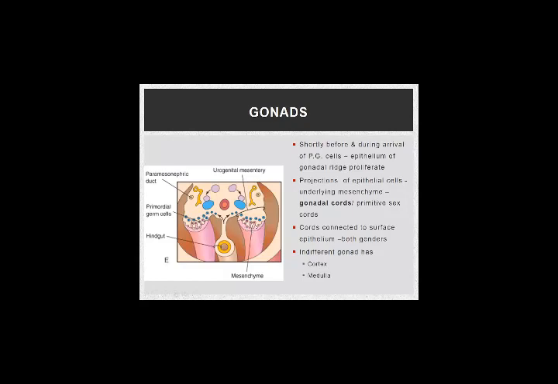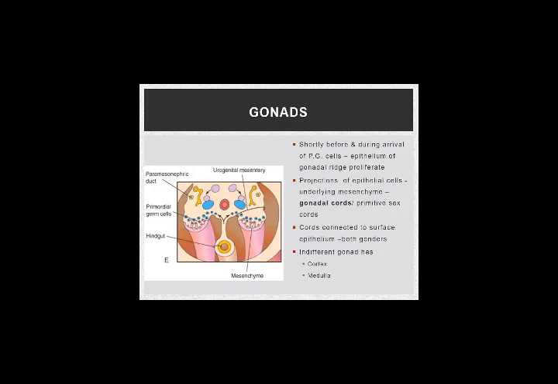Please note that the cords are still in contact with the overlying epithelium. So far, the gonad has not differentiated into a testis or an ovary. So this is called an indifferent gonad.